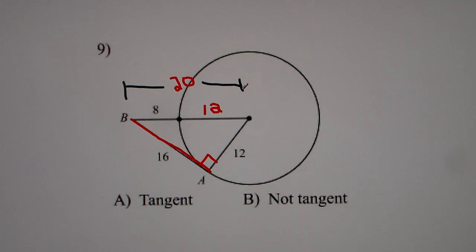Now to determine if it's tangent or not, we do 12 squared plus 16 squared. So 12 squared plus 16 squared equals 20 squared.